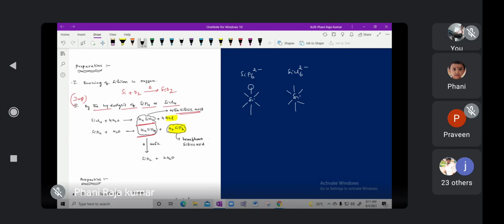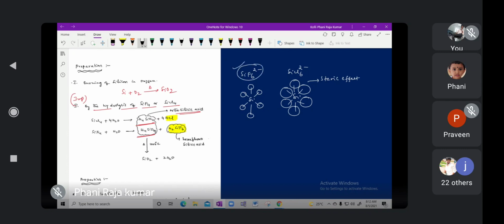Silicon surrounded by 6 small-size fluorines, whereas silicon surrounded by 6 large-size chlorines. So here we have repulsions between large-size chlorine atoms. Steric factor, steric effect. That's why SiCl6 2 minus does not exist. Only SiF6 2 minus exists.